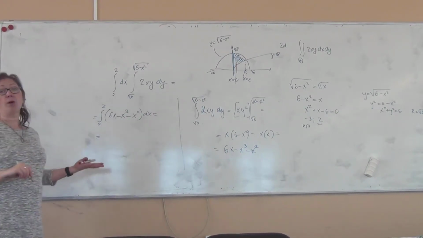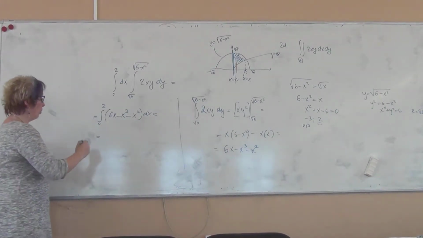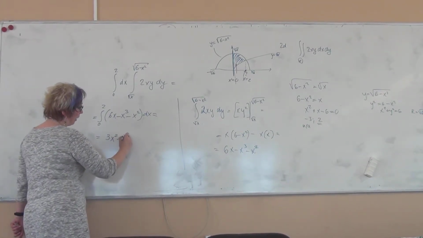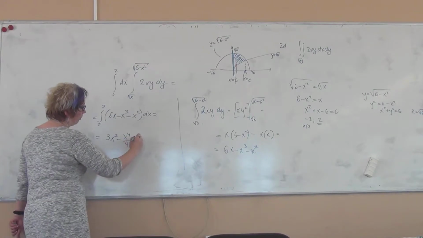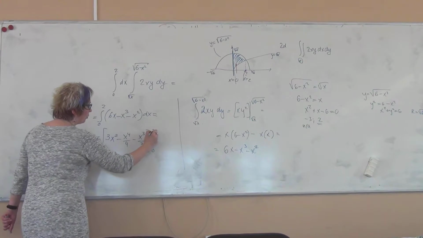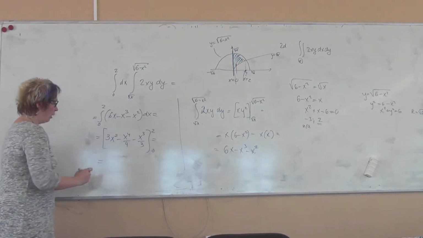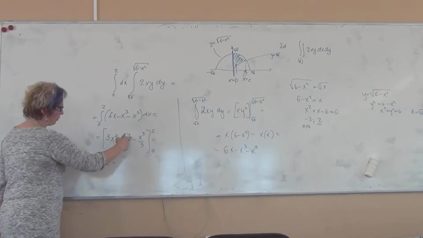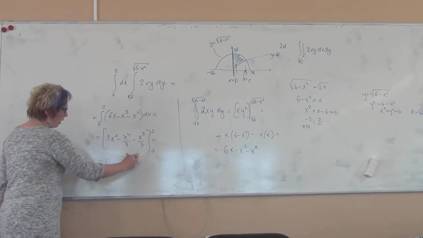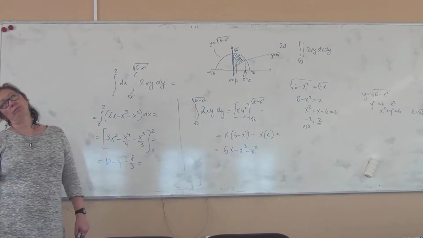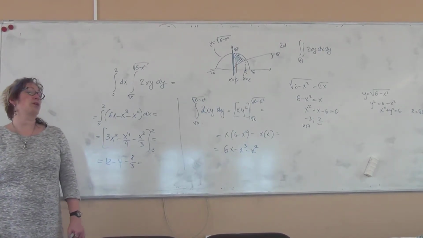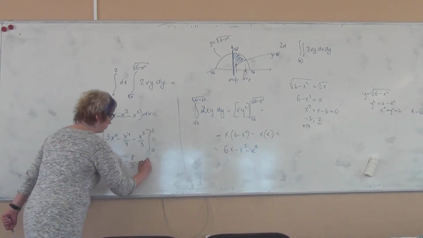And now a common integral, the most common of them all: 3x squared minus x to the 4th over 4 minus x cubed over 3, from 0 to 2. So it's 12 minus 16 over 4, which is 4, minus 8 over 3. 8 minus 2 and 2/3 is 5 and a third.